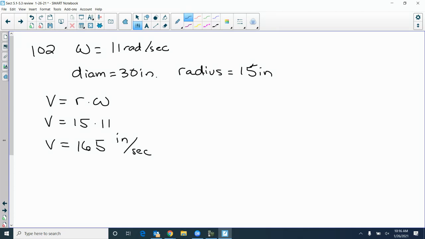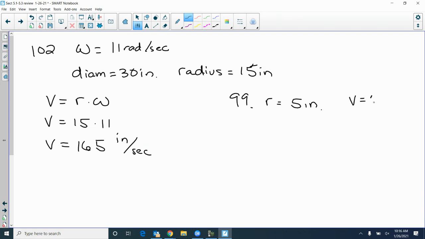All right, 99. Same concept with this equation. Find the angular speed of the larger pulley. The larger pulley has a radius of 5 inches. And they tell you it's traveling at 600 inches per minute. So that is your velocity.